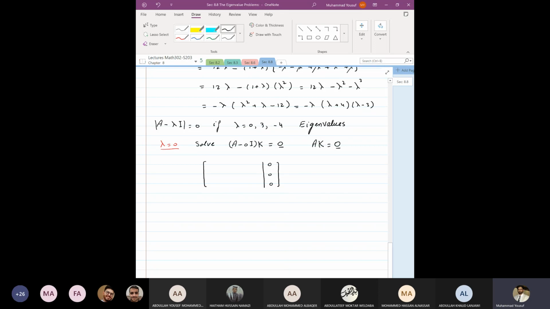Now, what are the entries of A? 1, 2, 1. Then 6, minus 1, 0. Then minus 1, minus 2, and minus 1. Now let us apply a row operation, negative 6 times row 1 added to row 2, and row 1 simply added to row 3.